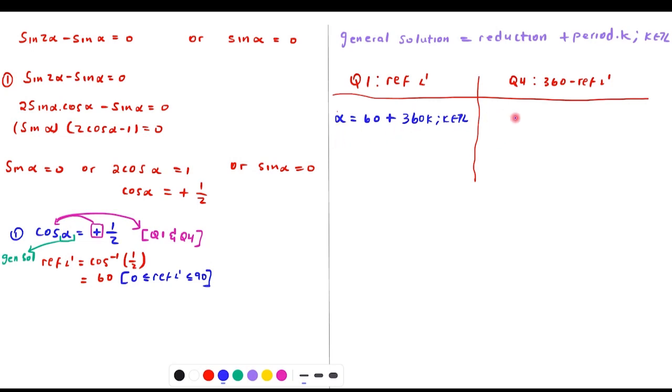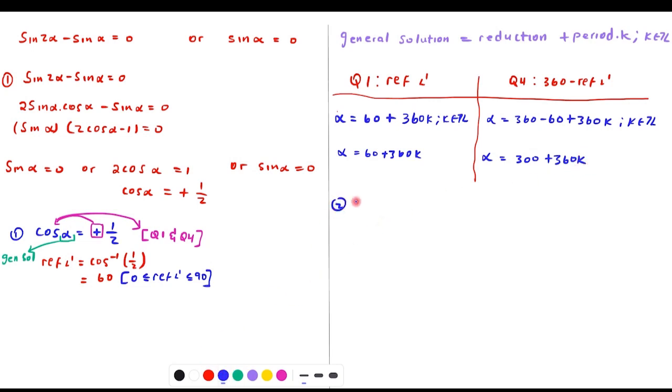Then we're going to do the second one. So the second one will be alpha equals 360 minus 60 plus 360k, where k is an element of integers. So alpha is going to be 300 plus 360k. So that's the first one, right?